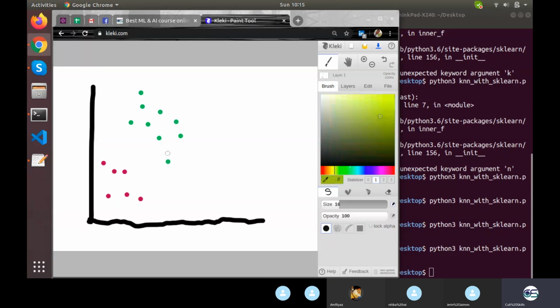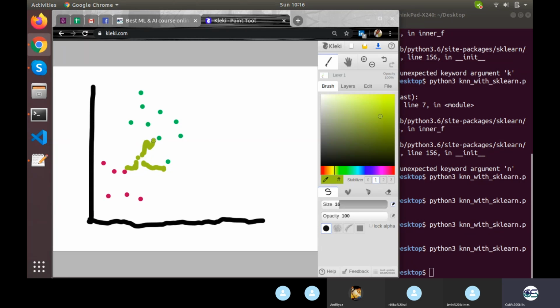Okay, so I am calculating this particular point. Now the shortest distance seems to be this one. Second shortest distance will be this one, and the third shortest will be this one. When I take n to be 3, then the majority of the classes will belong to the green class.